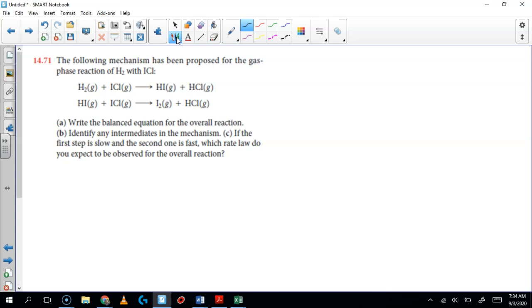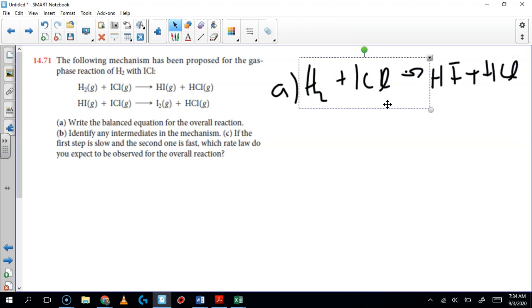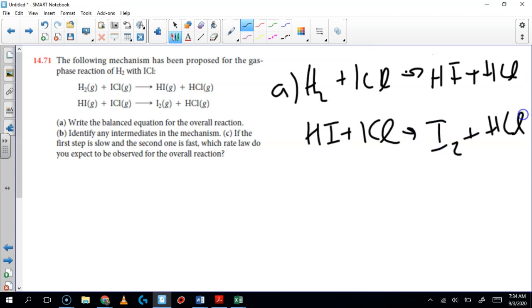It says write a balanced equation for the overall reaction. So for part A, what we have to do is take those two reactions and add them up. Okay, so let's do that. I'll write them down. And now that we've written them down, we can add them up just like we were adding two equations in math class.